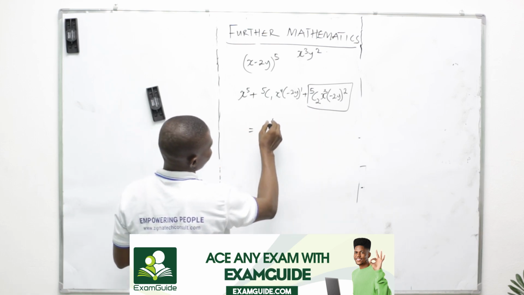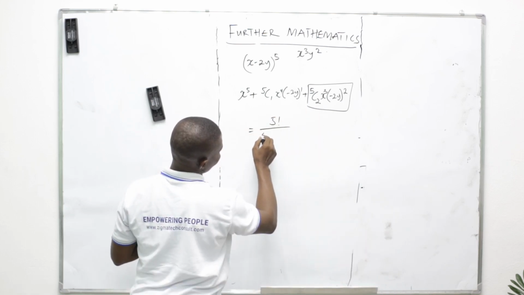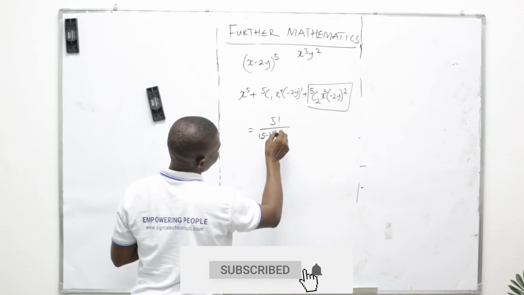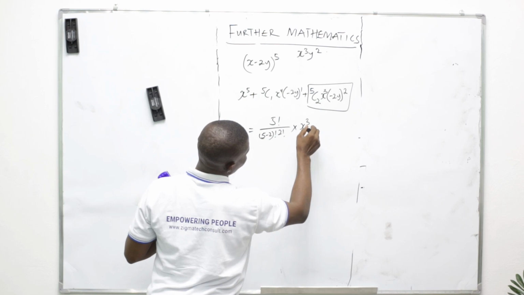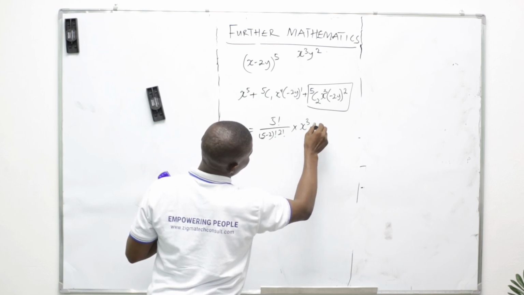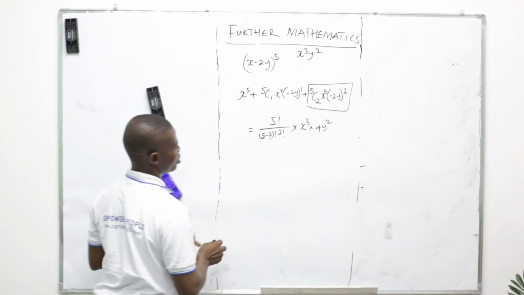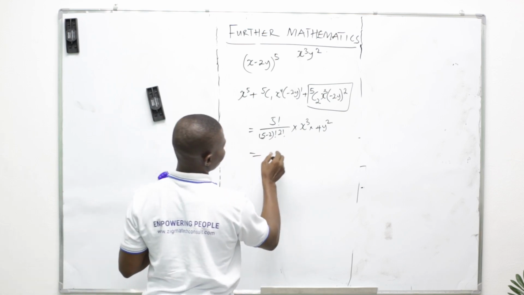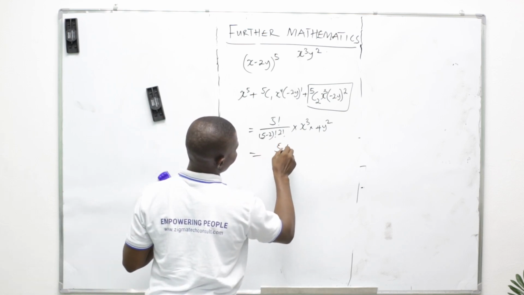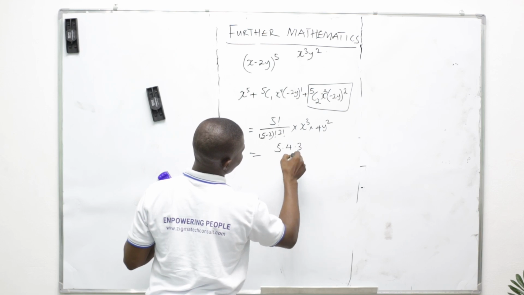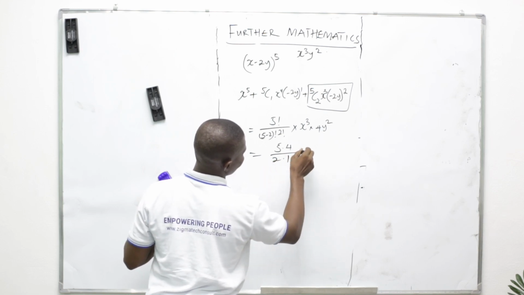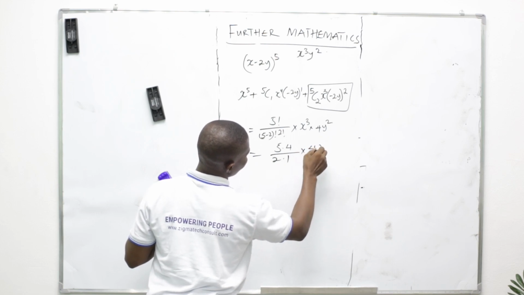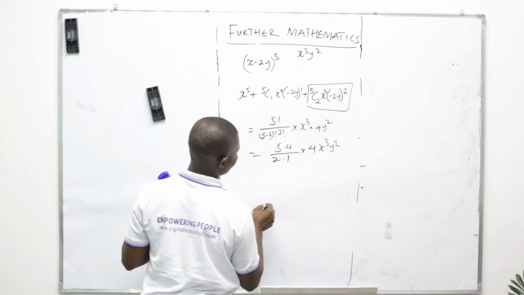So 5 combination 2 is 5 factorial over 5 minus 2 all factorial into 2 factorial, times x cube times 4y square. Now we have 5 dot 4 dot 3 dot 2 dot 1 times 4x cube y squared.